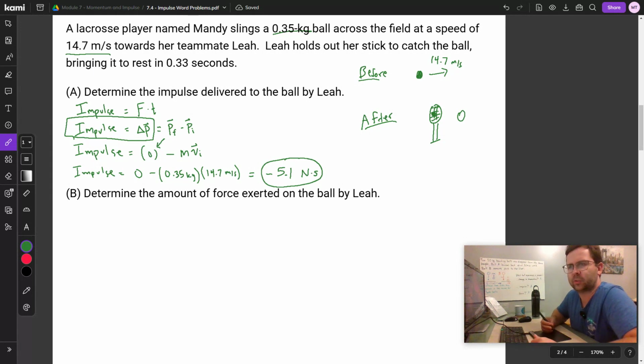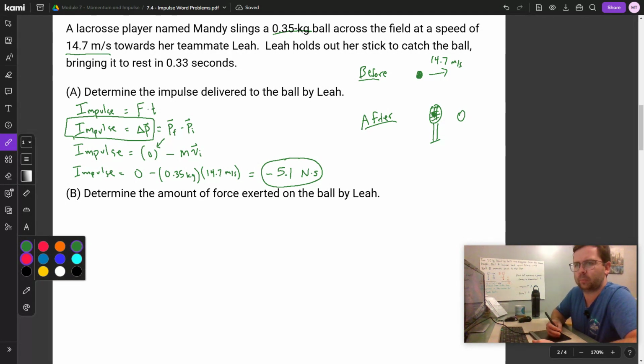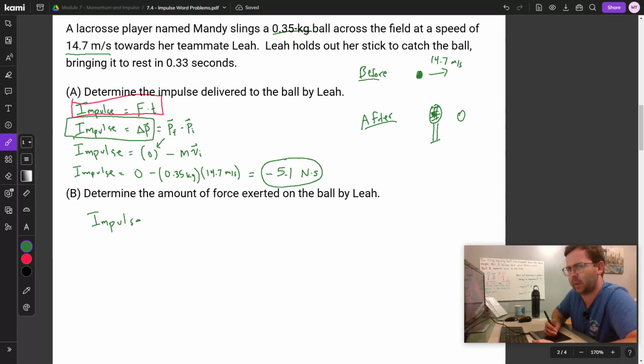Okay, so part B, determine the amount of force exerted on the ball by Leah. To find the amount of force, we're going to use this first expression, impulse is equal to force times time. So now we can go back to the original word problem at the top there and look at the time and use that information to find our force. We're looking for the amount of force exerted on the ball.